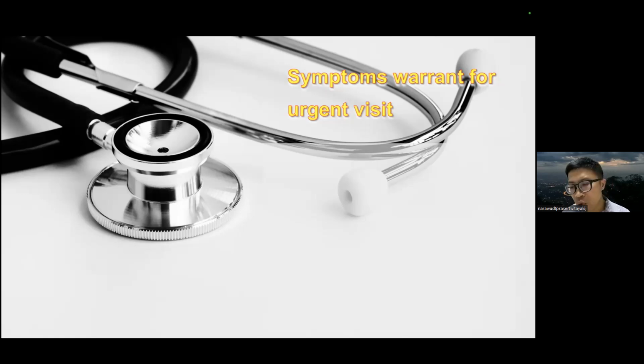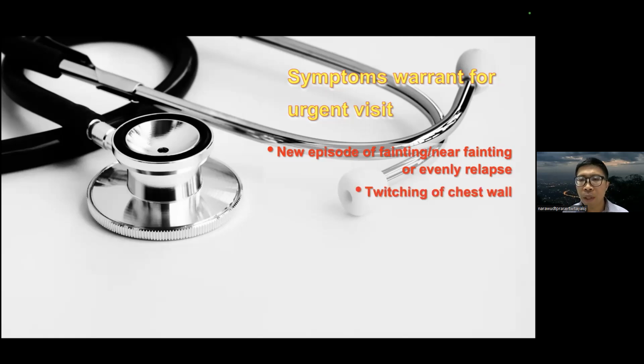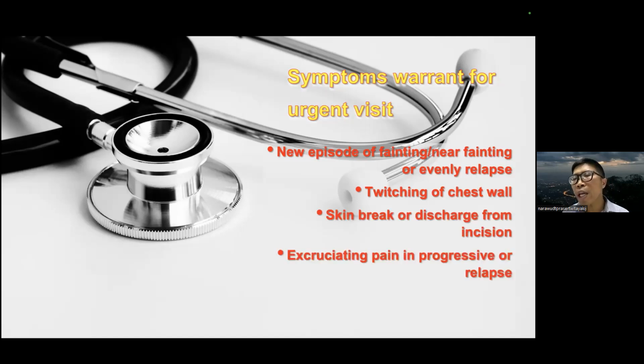Any symptoms that mean you may need an urgent visit include new episodes of fainting, near fainting, or even relapse of those fainting episodes, or any twitching of the chest wall, any skin break or discharge from the incision, or excruciating pain in progress or relapse.